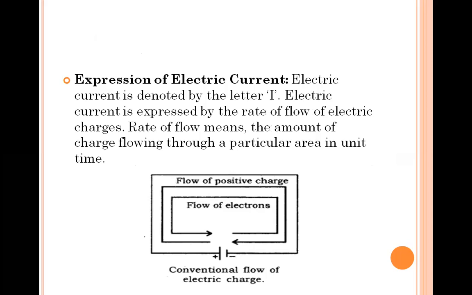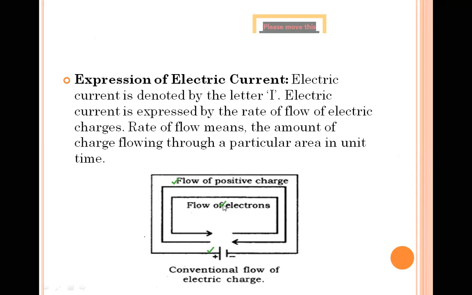Now, how can we express the electric current? Let's see the diagram. In this diagram, it is clearly visible that the flow of positive charge is from positive to negative, and the flow of electrons is opposite in direction, from negative to positive.